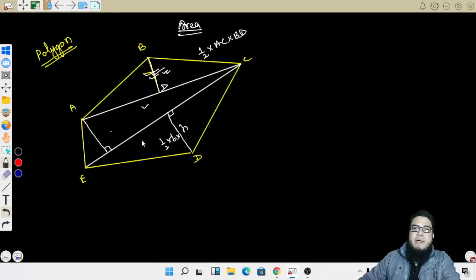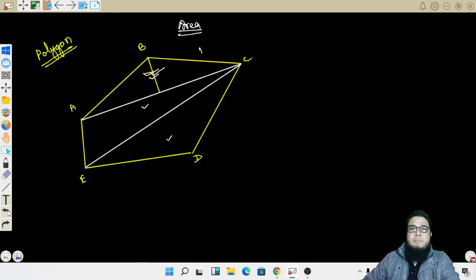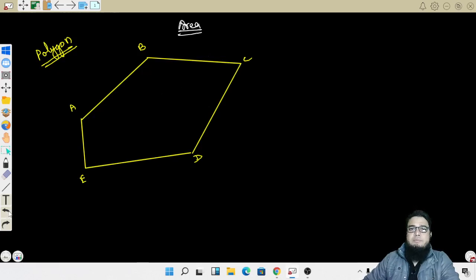So when we combine the area of the first triangle, second triangle, third triangle, we get the area of the polygon. And you can also divide the polygon in a different way.